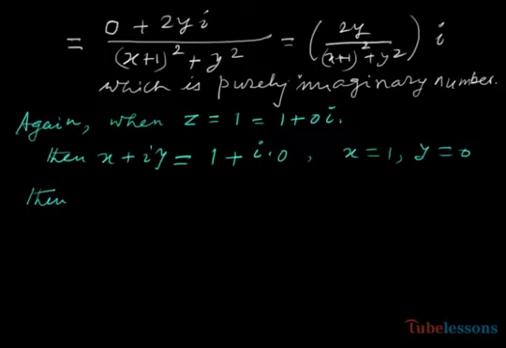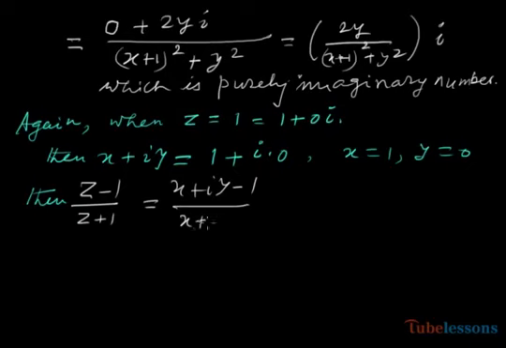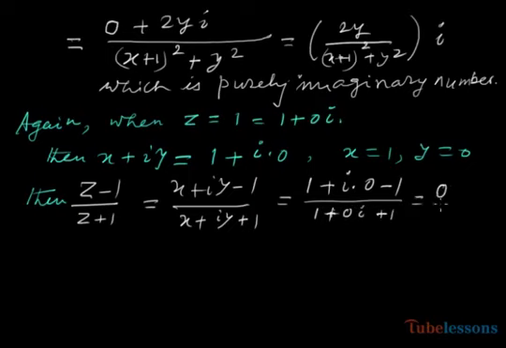Then (z minus 1) by (z plus 1) becomes, now x is 1, if you put here (1 plus i into 0 minus 1) by (1 plus 1), which is purely real.